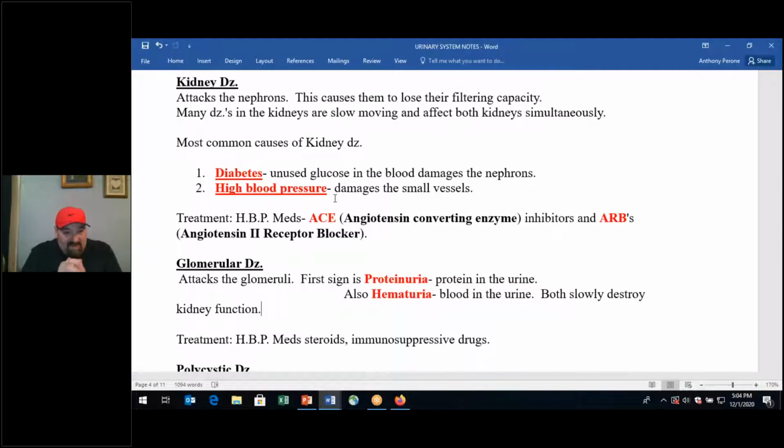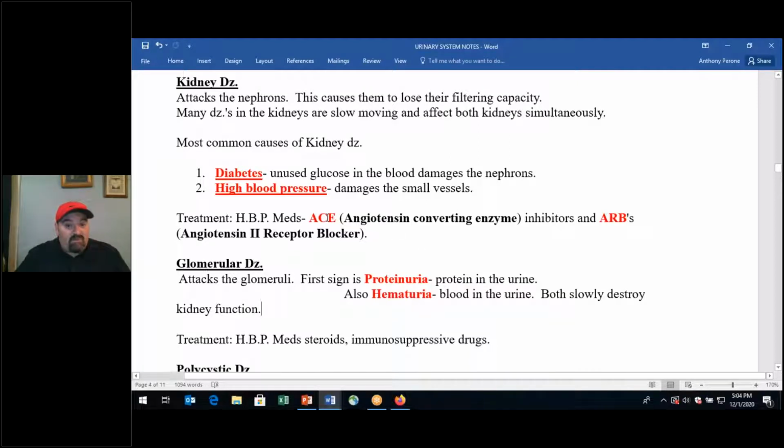Imagine that little bowl of capillaries, the glomerulus: high blood pressure can damage those small vessels, which can lead to larger cells leaking into urine, so you'll see proteinuria and hematuria, red blood cells.